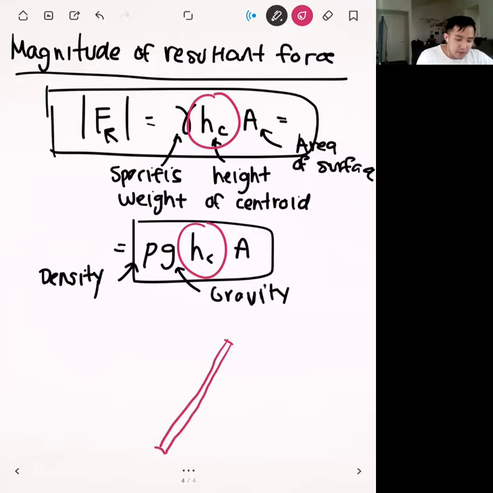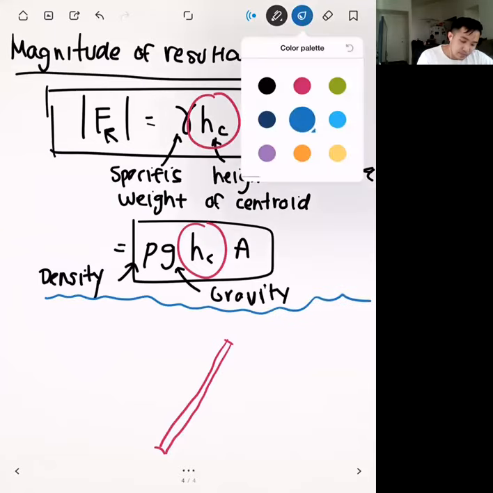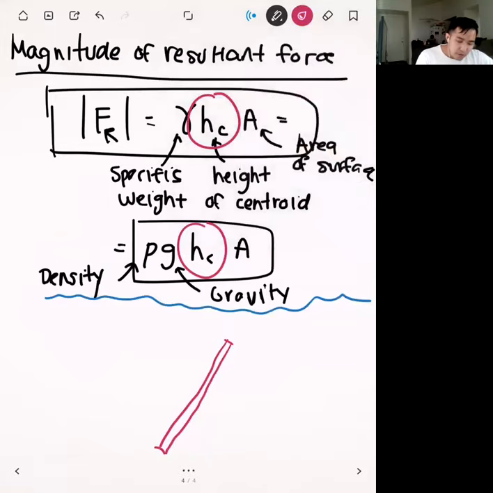Let's say that we have a surface right here, and it's submerged in some water, just like that. And so on the surface, the way that you find the centroid is you simply go halfway down the surface.